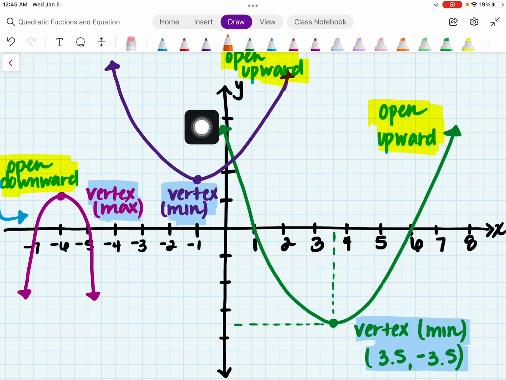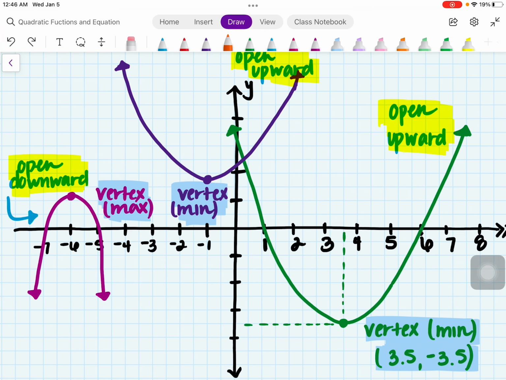Once again, axis of symmetry is the line that goes directly down through the vertex. So that is my axis of symmetry. I'm going to do it more down. So that's our axis of symmetry there.